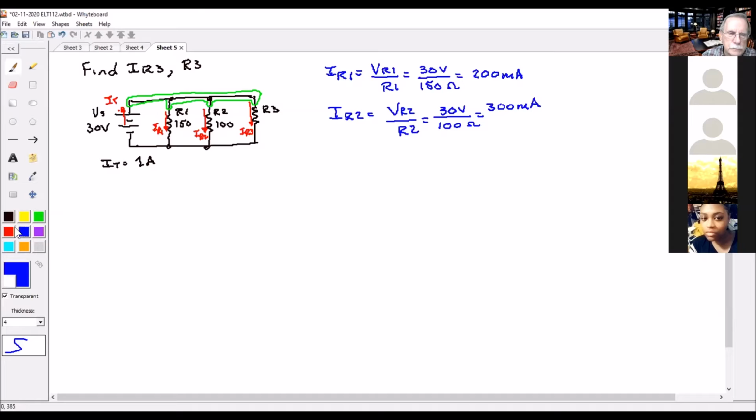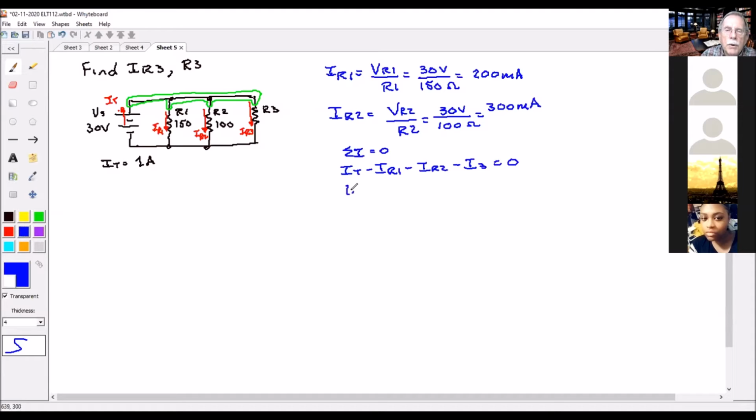So if I say the sum of the currents equals 0, that means that I have IT minus IR1 minus IR2 minus IR3 equals 0.